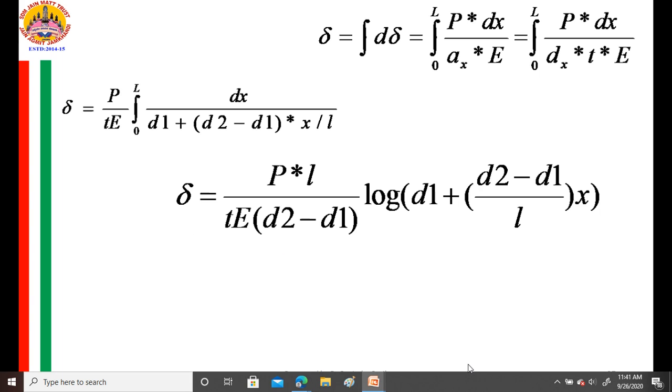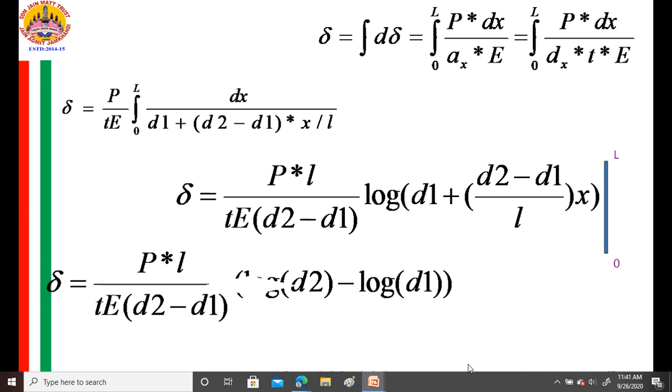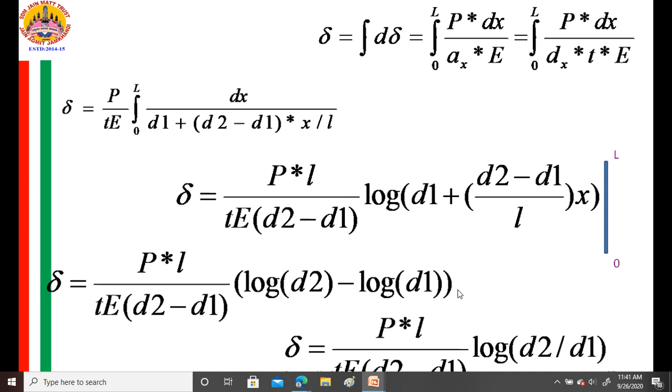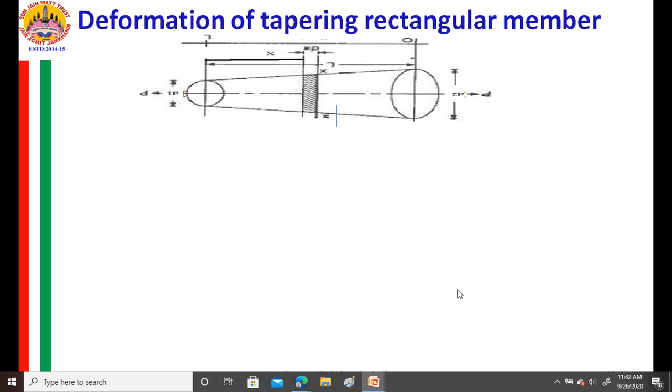Substitute the limits 0 to L. Finally, delta is equal to P into L divided by T (d2 minus d1) into log of d2 minus log of d1. Therefore, delta is equal to P into L divided by T (d2 minus d1) log of d2 by d1.